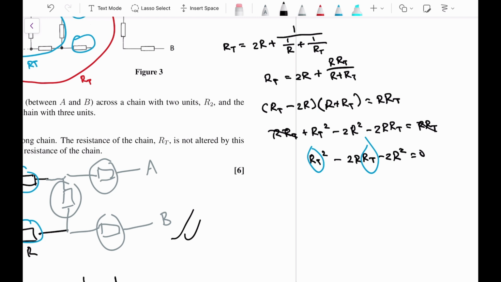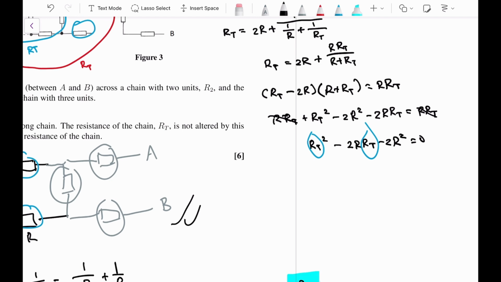So this is a quadratic equation, and I don't think factorizing will actually work. Yeah, so let's utilize the quadratic formula. So therefore RT is equal to 2R plus or minus.